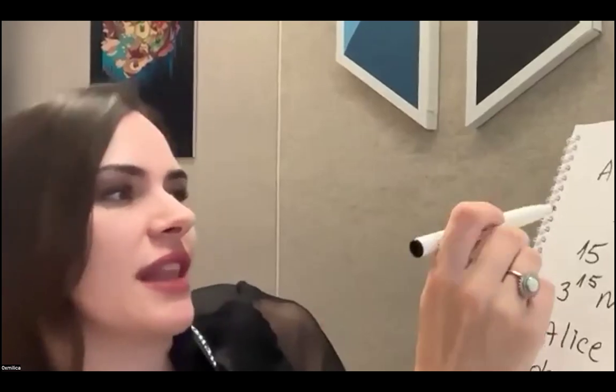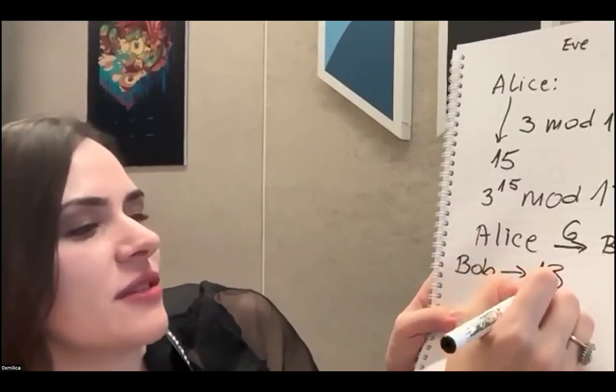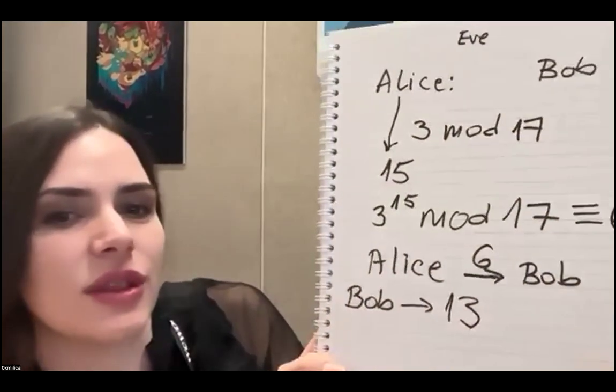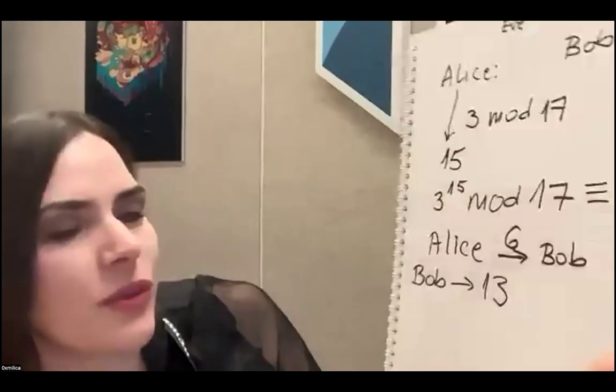So what will Bob do? Bob will also select a private random number, like Alice did with 15. He will select, let's say, 13 for the sake of the calculation. What will he do?